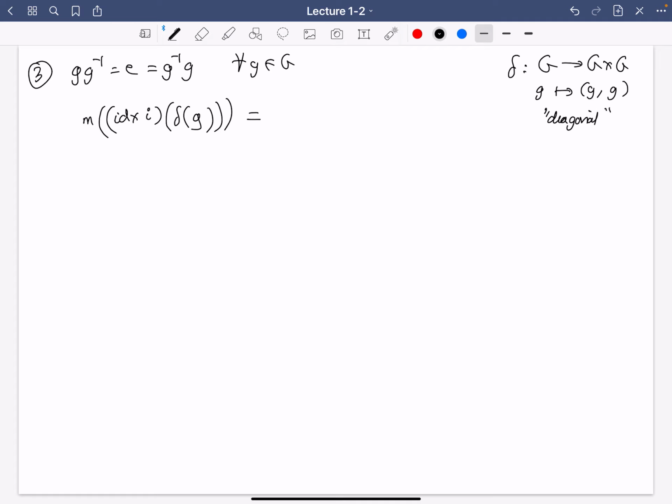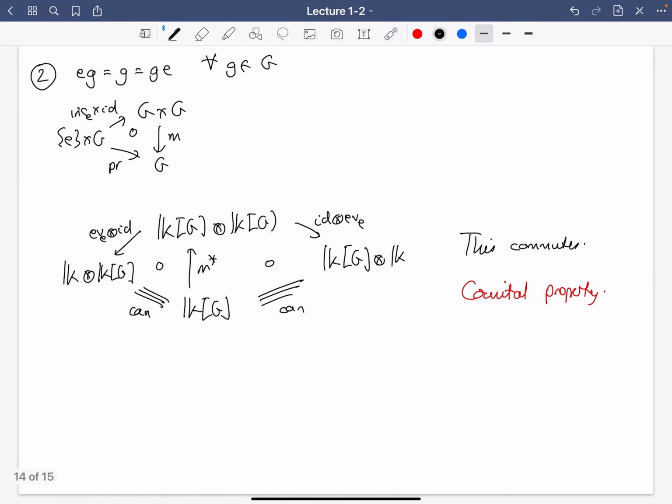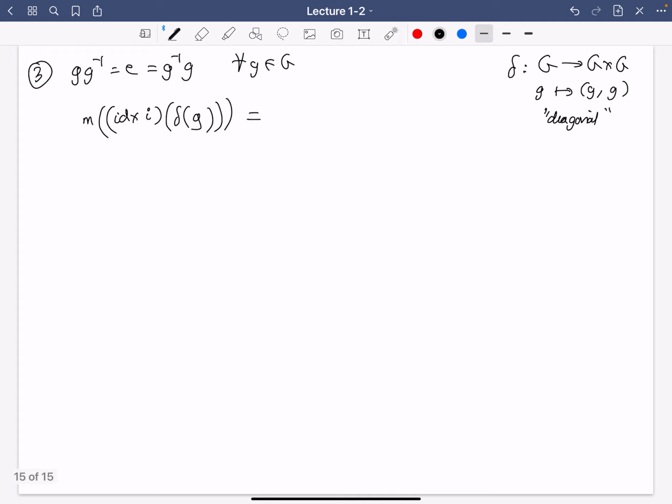So how can I get e starting from this element little g? I used pr already, so let me not call that pr earlier. That was just the projection onto the second factor. Let me use maybe p here.